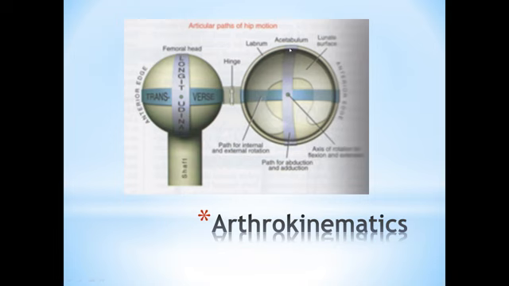So here's my superior aspect, and here's my labrum. And so when I'm going into abduction and adduction, the path of the spinning is going to be superior and inferior.